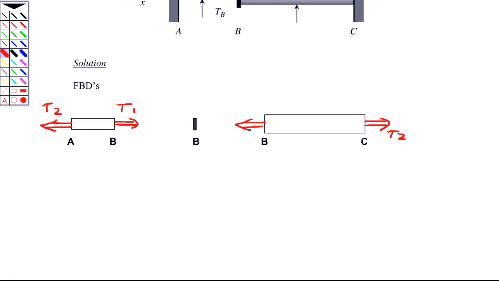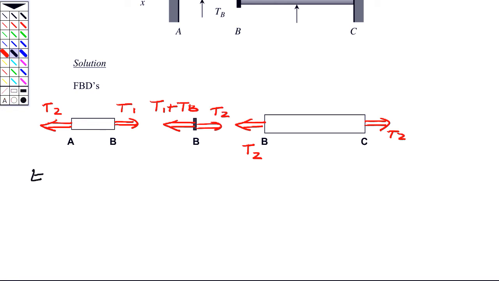I don't really know that they're acting that way, but I'm going to let math in the end tell me if that is correct. But then what we know is that the equal and opposite torque on coupler B will reflect here on the left-hand side T1 as well as the applied torque TB. On the right-hand side, the reaction torque is going to be T2.